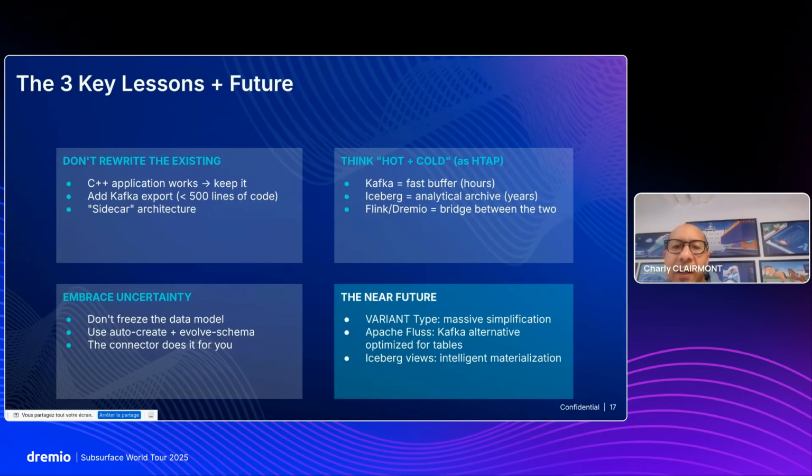So finally, what we learned, and what you could learn too from our talk, is that many people could need this kind of solution. Many C++ applications will need this kind of architecture to have an analytical view of their activity.